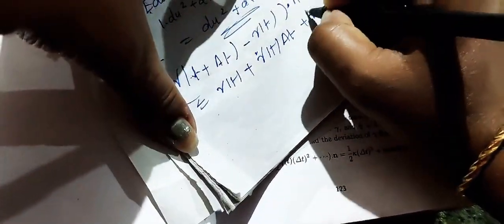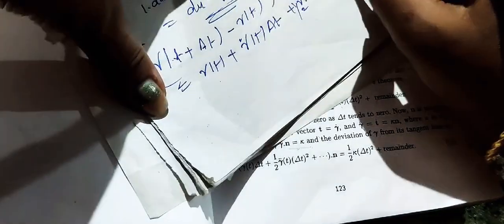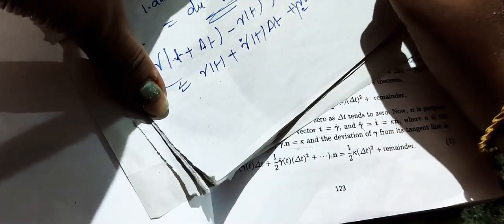Gamma of t plus delta t minus gamma of t dot n: gamma of t plus delta t is gamma of t plus gamma dot of t delta t plus 1 by 2 gamma double dot of t delta t whole square plus remainder, minus gamma of t, dot n.